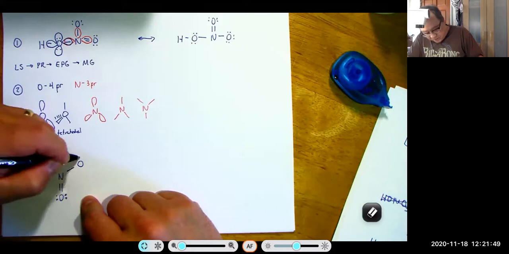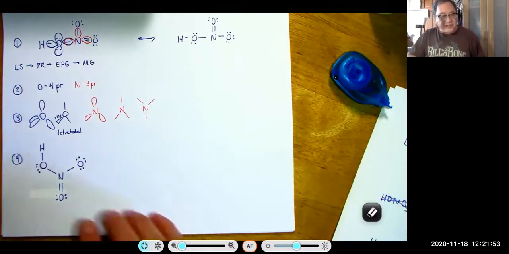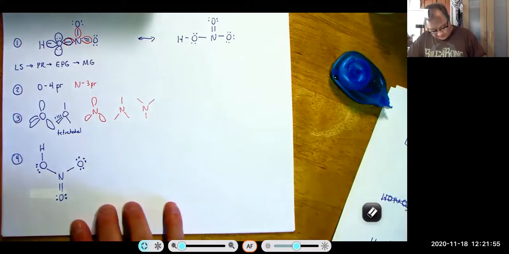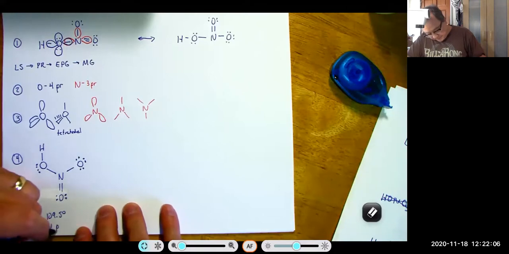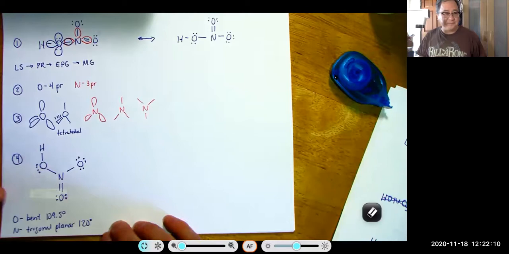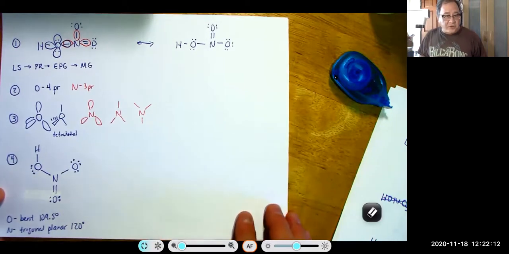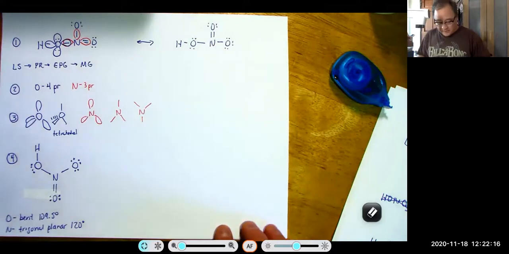Let me put in the lone pairs everywhere, and here we go. This is a nice 3D geometry where the oxygen is bent 109.5, and the nitrogen is trigonal planar 120 degrees. So this shows you how you can take a Lewis structure and turn it into a molecular geometry.